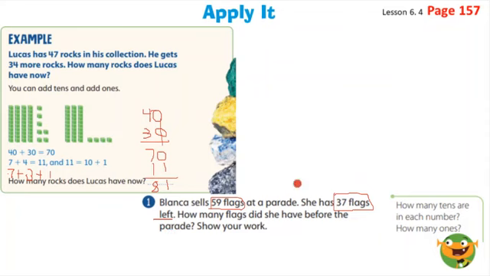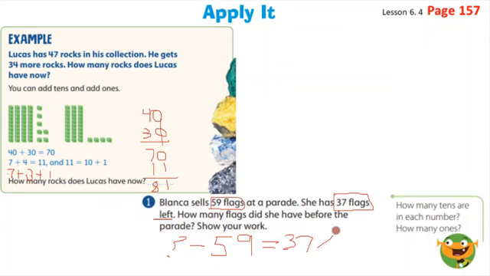Well, there's so many different ways. So we have a number minus, not plus, because she sells 59, so she subtracts 59 from the number, and that equals 37 flags.